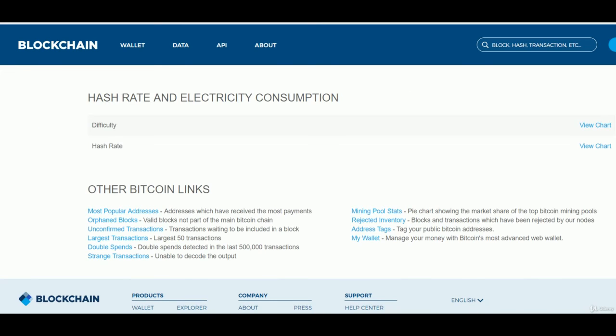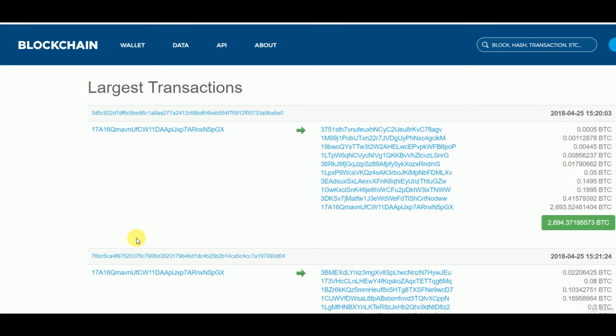Next is the largest transaction. About this, we are going to see what the longest chain rule is and what the largest transaction is. This is very simple. From one address they make multiple transactions, and you can find which is the largest transaction. You can find it using the block number; just scroll to any block number.